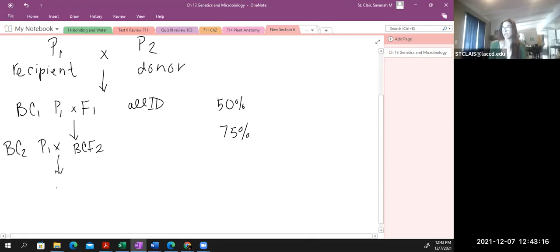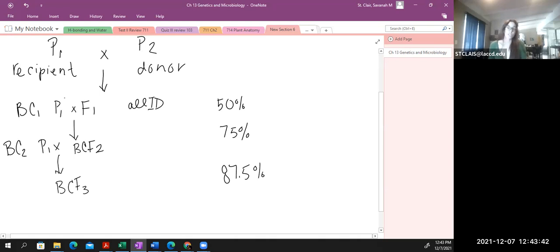Okay, this will give us our BCF3, or third filial generation of our back cross, and that is going to have 87.5% of the genetic information from P1.